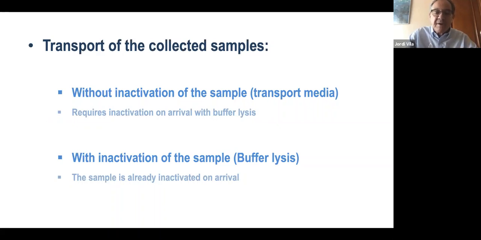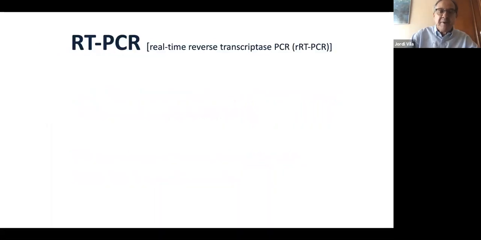Those compounds inactivate the virus, so the swabs, either oropharyngeal or nasopharyngeal, are introduced inside a tube with 2 mL of this inactivating buffer, and once they arrive at the lab, the virus is already inactivated.